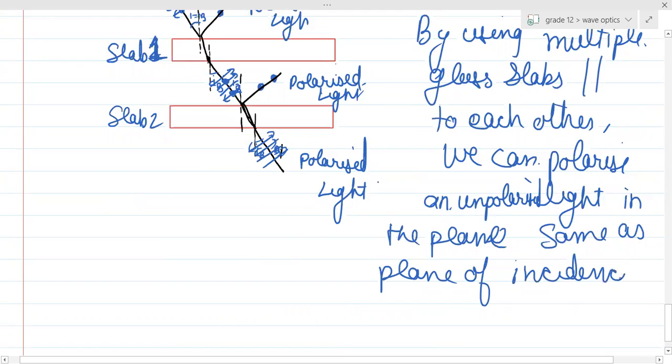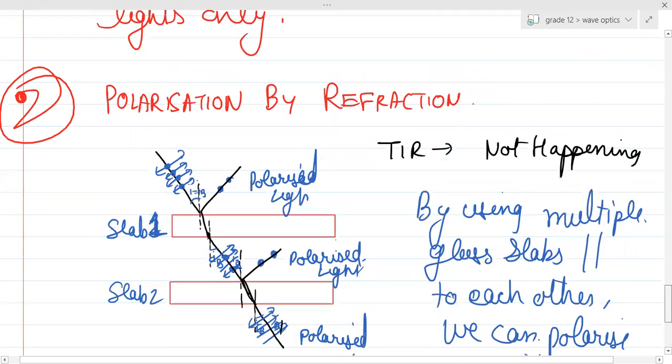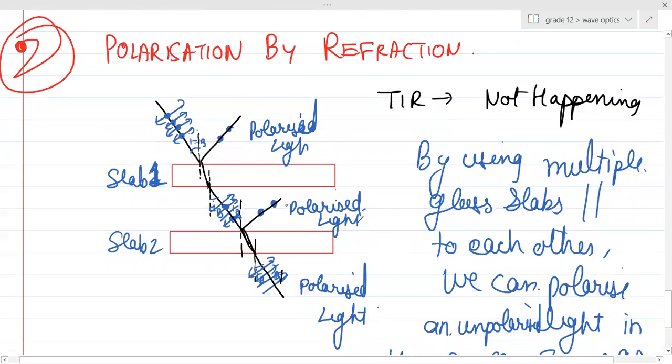So basically this process is called polarization by refraction.